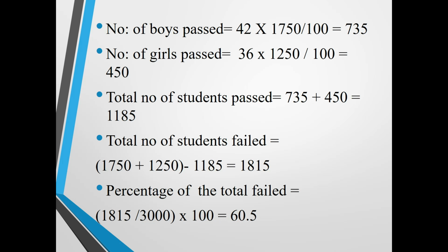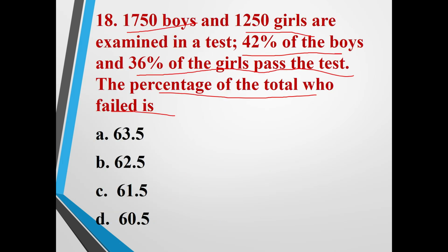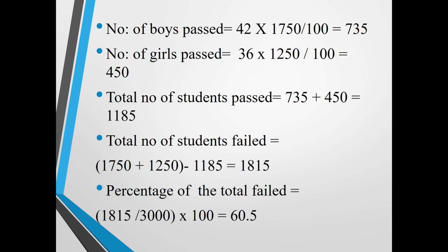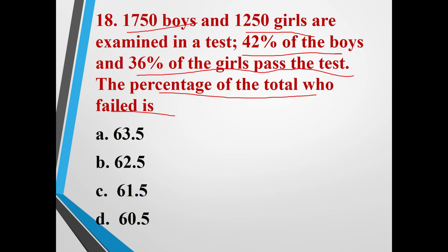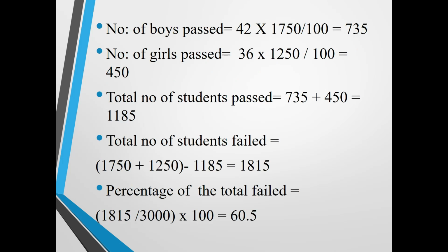So in the question it is told that 42% of the boys passed in the exam. So number of boys passed is equal to 42 into 1750 divided by 100. We will get 735.